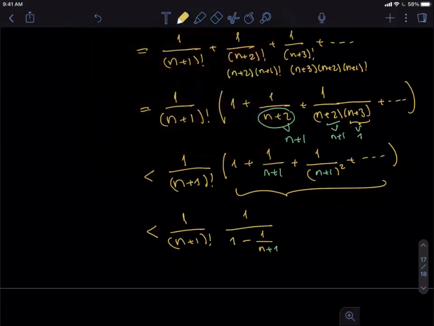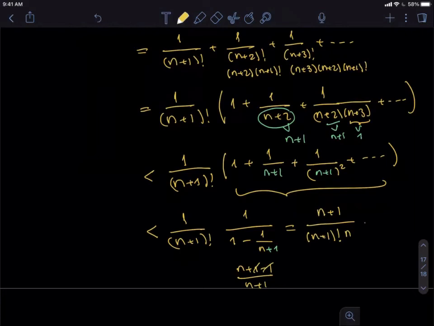And now it's a little nicer because what I have in the denominator is n plus 1 minus 1 divided by n plus 1. So there is a cancellation, and this is n plus 1 divided by n plus 1 factorial n.